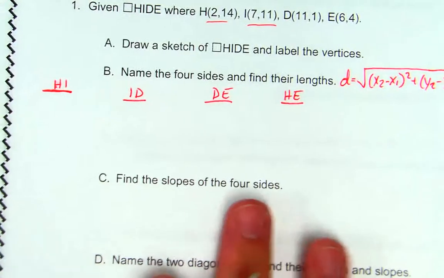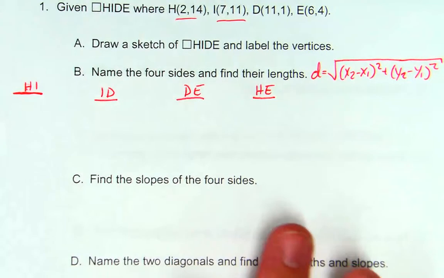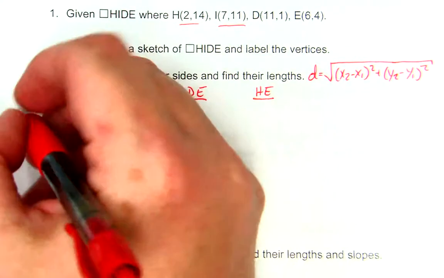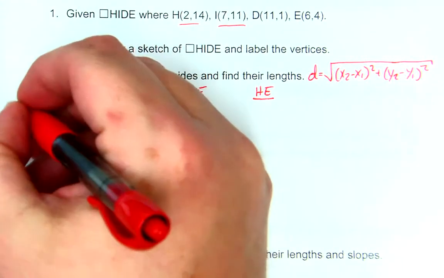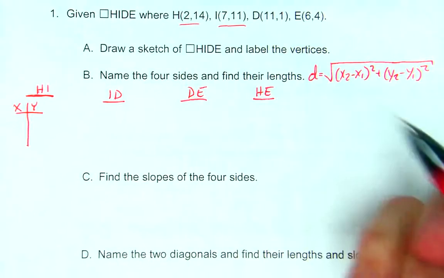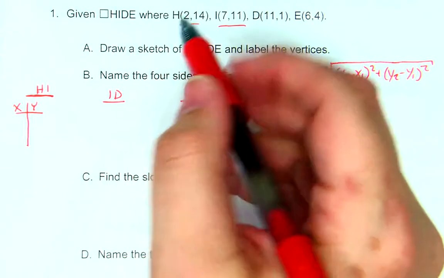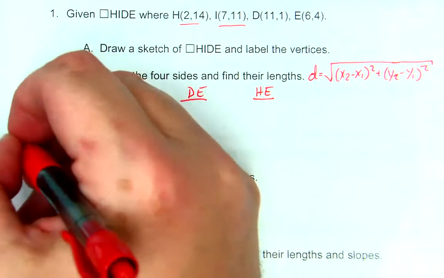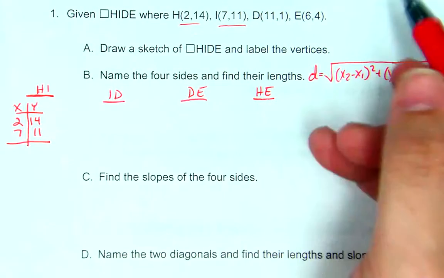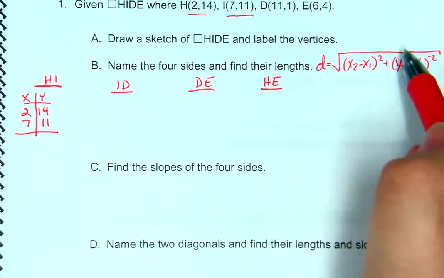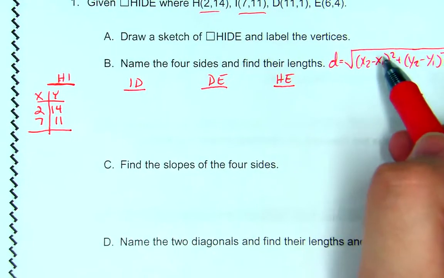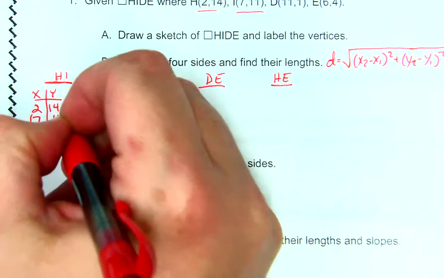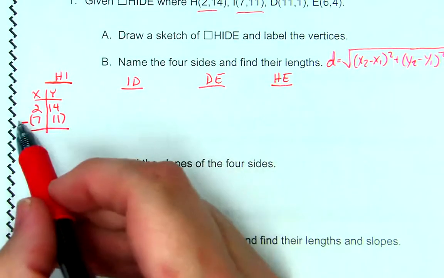But I'm going to do things a little bit different because I want to be able to use these values in different ways. I'm going to draw an XY chart and put the 2 points in there. (2, 14) and (7, 11). Now, what did I have to do with the x's in order to use it in the distance formula? Add or subtract? Subtract.